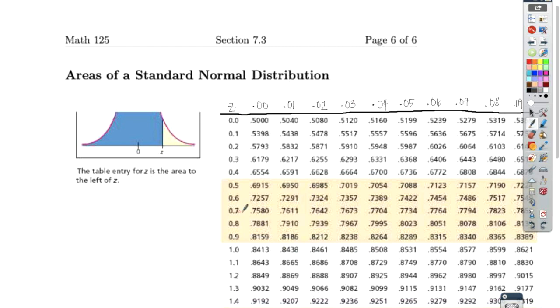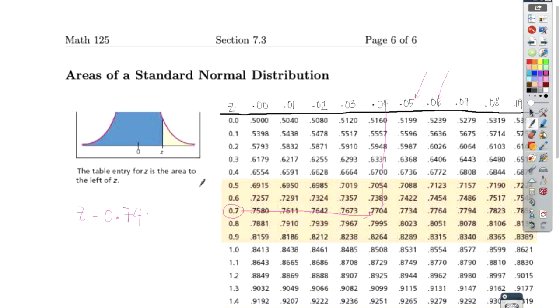So for example, this value here would be z equals 0.7, and then if you want your hundredth spot to be, say, 4, you would walk over to this column, 0.74. So these are your hundredths values over here.